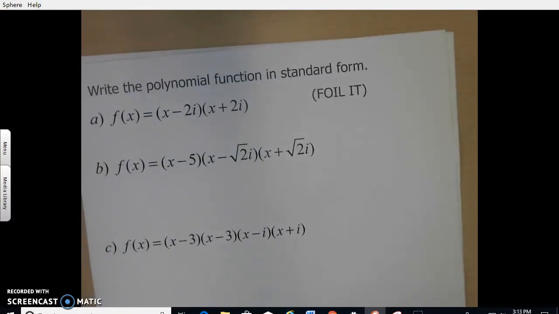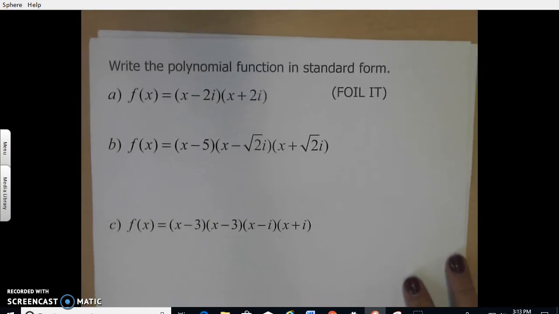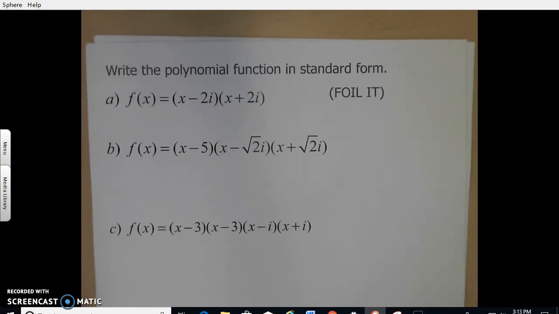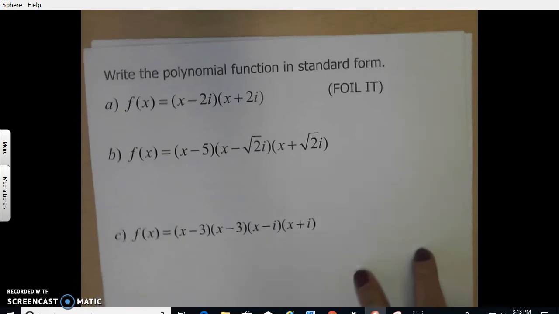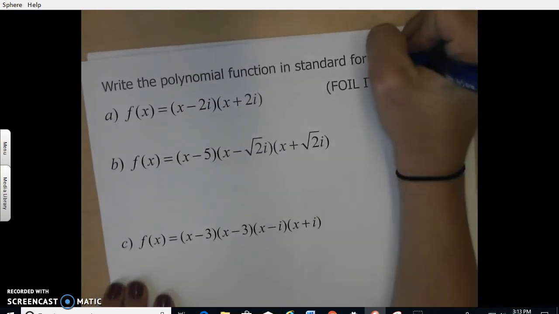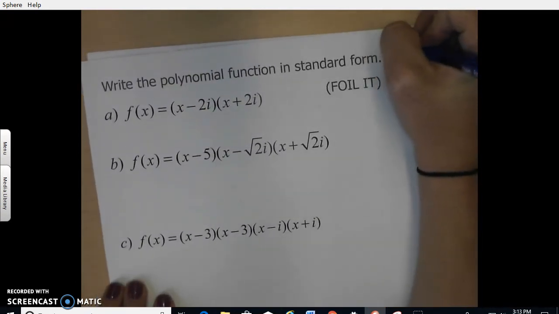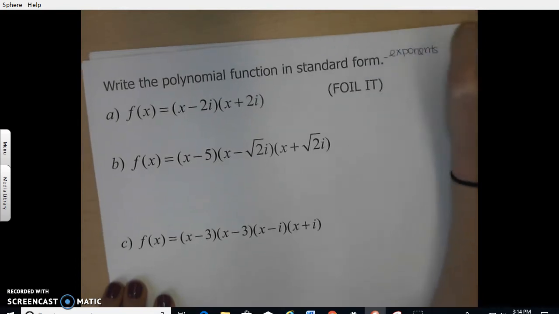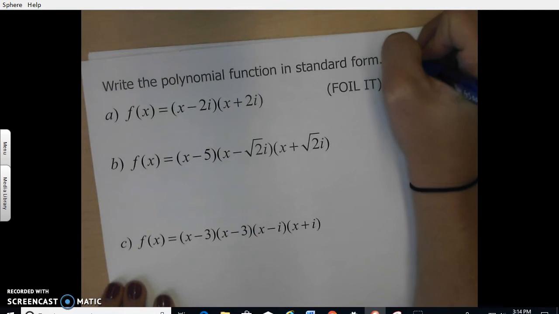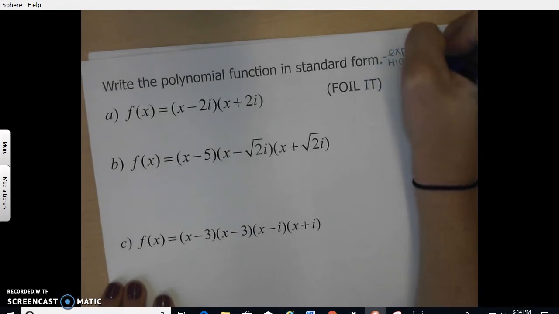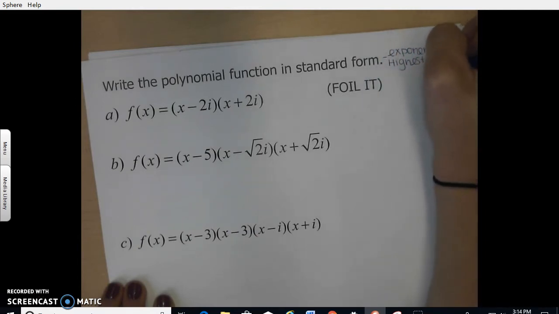If we want to write the polynomial function in standard form, we need to FOIL, and standard form means our exponents go from highest to lowest.